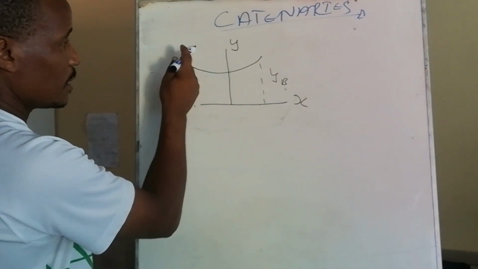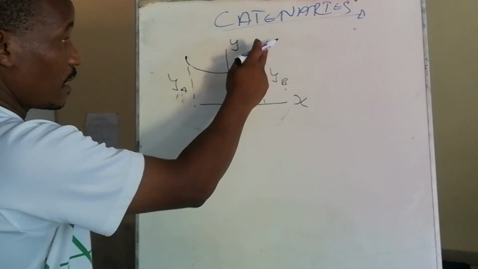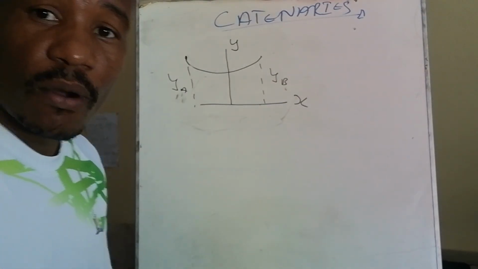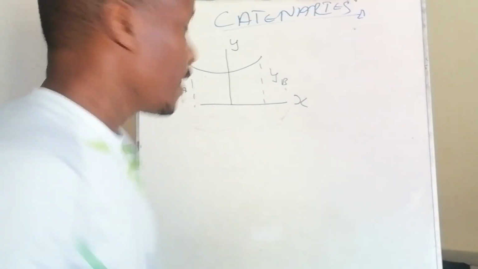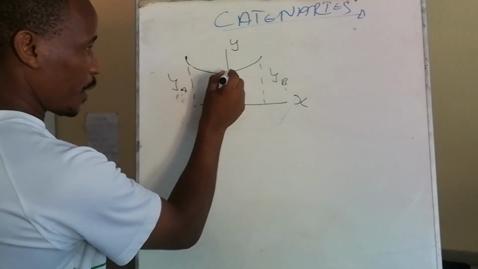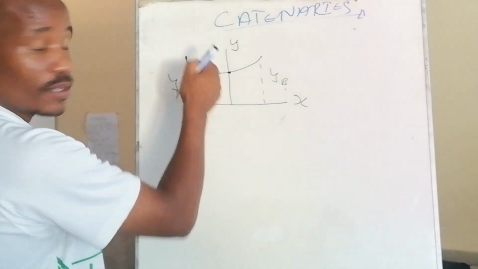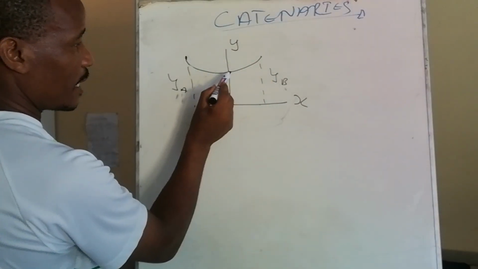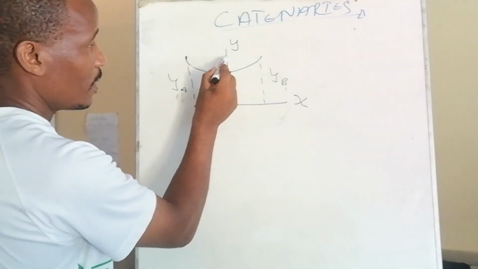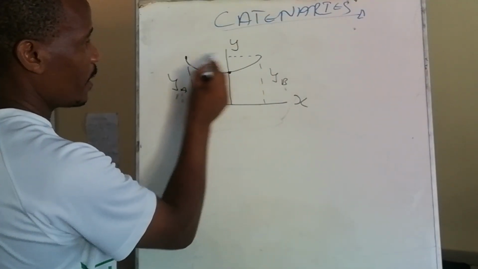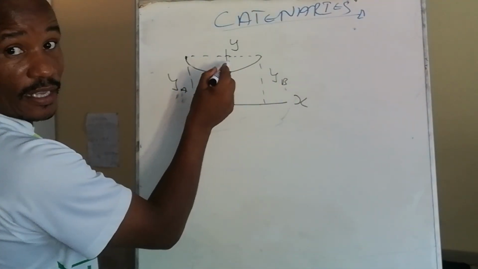This curve here is called a uniform catenary. And the lowest point of this cable is called a sag. The sag is the distance from there to where the supports end there.